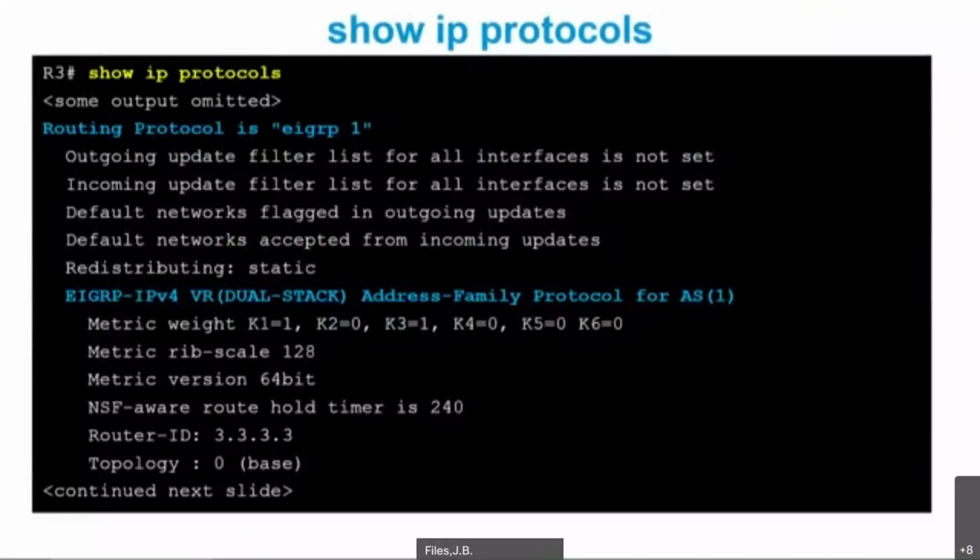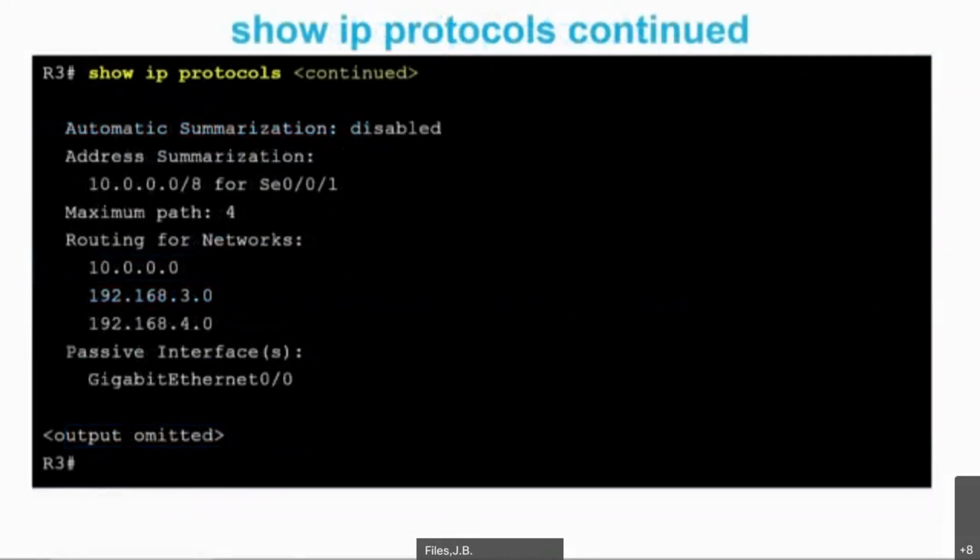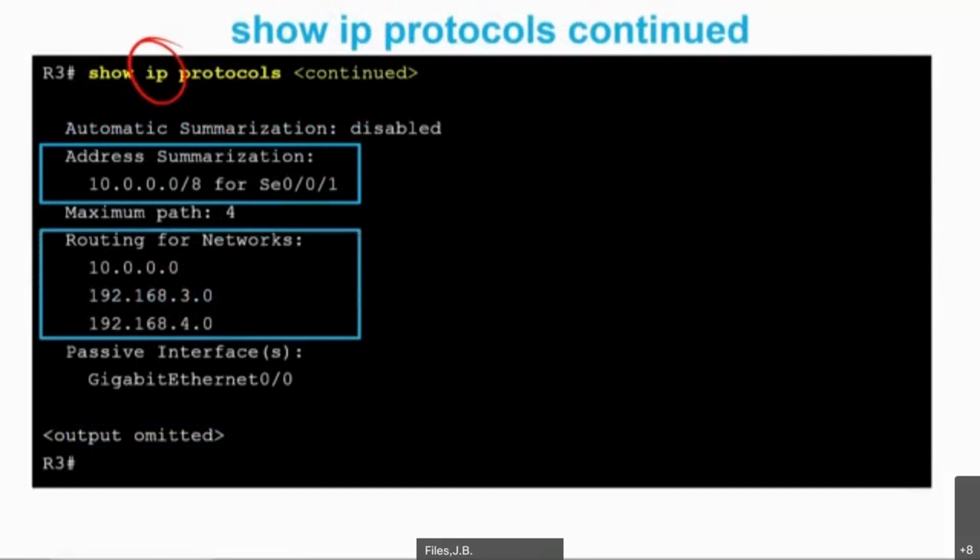So if we do a show IP protocols here, we can see we're doing the redistribute static on R3 because that's the one with the default route. There's the router ID. If we keep going, the 10 dot. Now remember, this is just IPv4, so it's only going to show the IPv4 address. The routing for the networks, and then those are the network commands. We do have one passive interface.